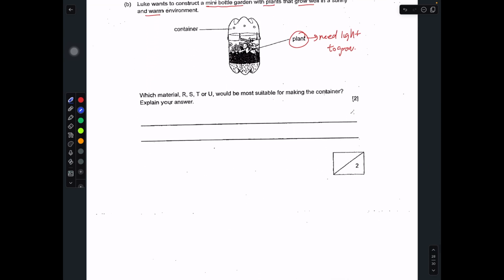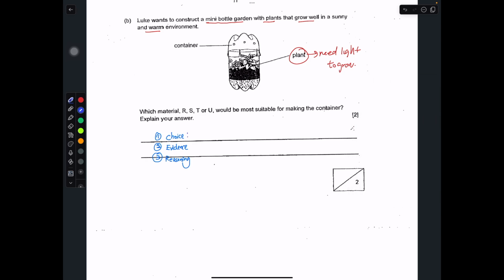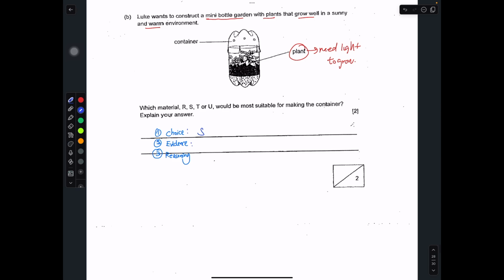So this part over here, let me write this part. Now the choice over here is this part. You will choose S. The evidence is that it allowed the most light to be detected by the sensor. Allowed the most light to pass through.